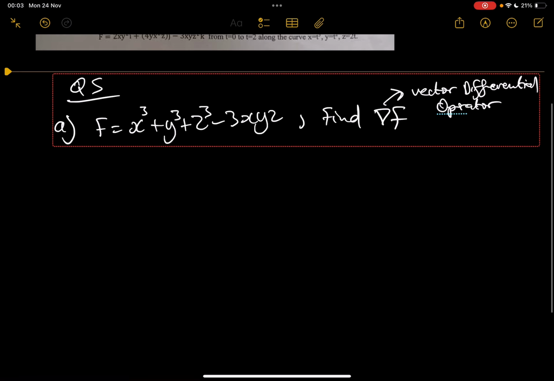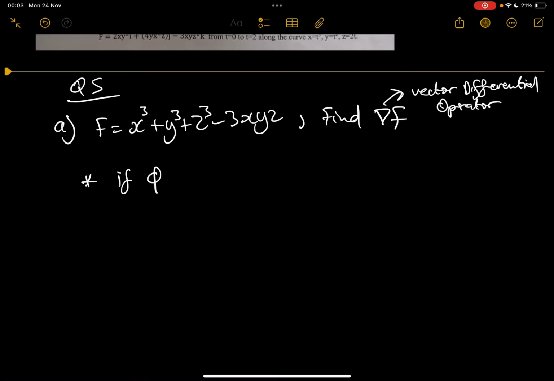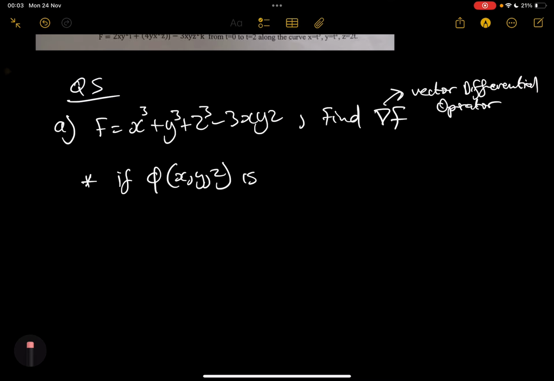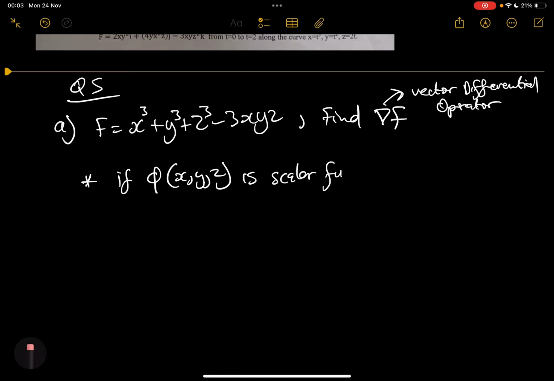We know that the gradient, how do you define the gradient? If this is your function, a scalar point function, let me just say scalar point because it's defined on a region of space.